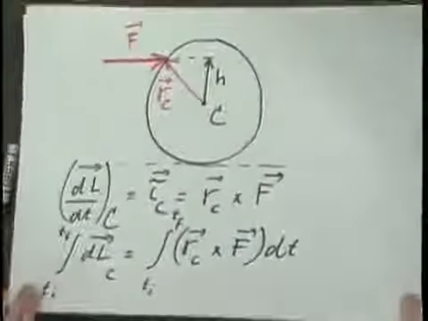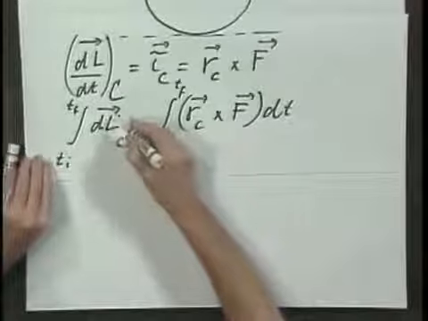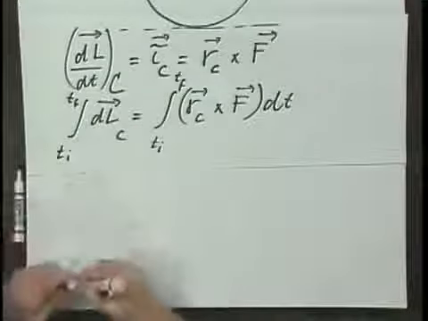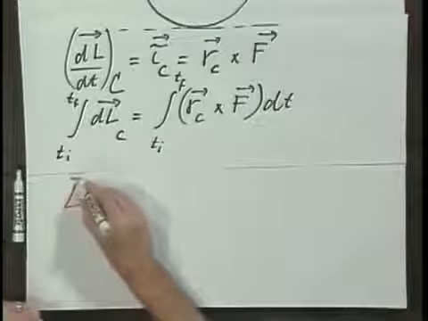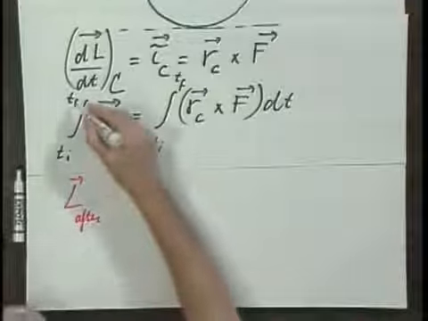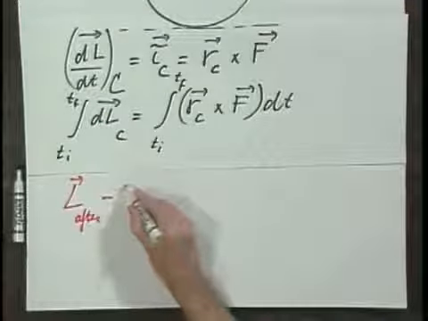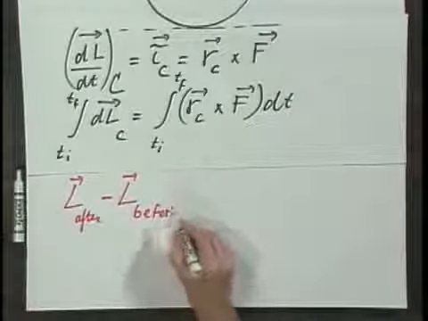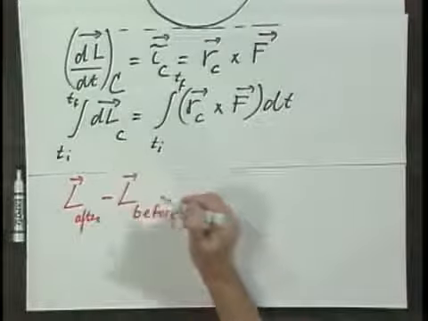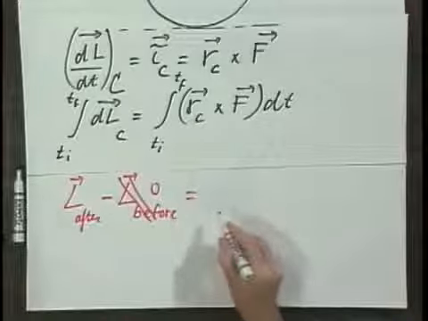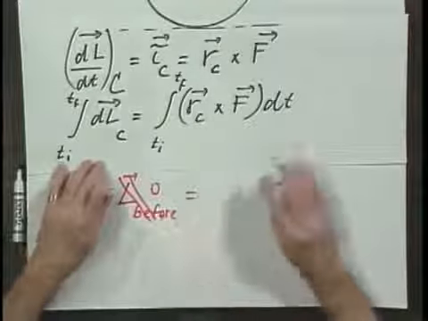What is this integral? Well, this integral is L after the impact, that means at time t final, minus L before the impact, that was at time t initial, and this is 0. So that equals this integral.